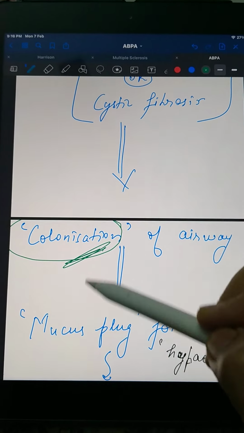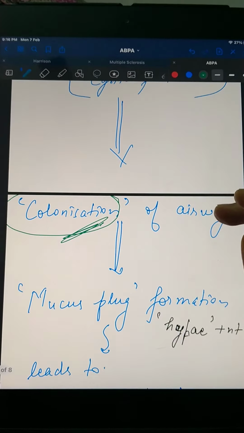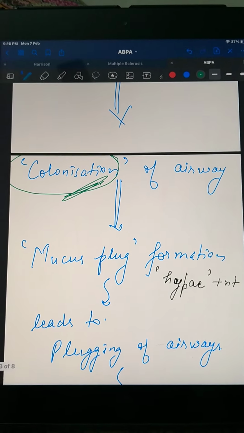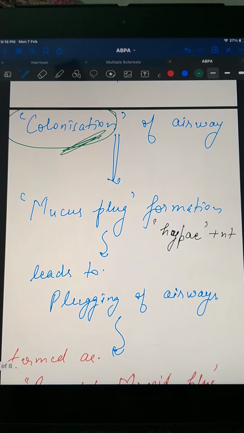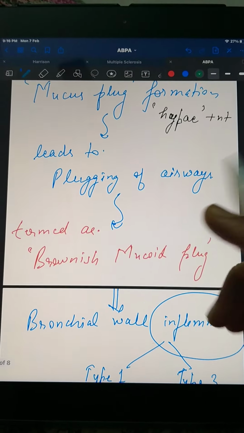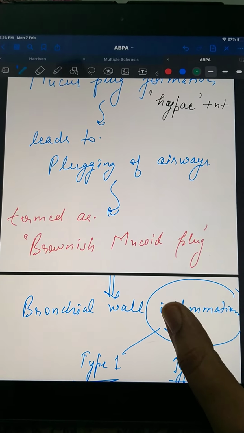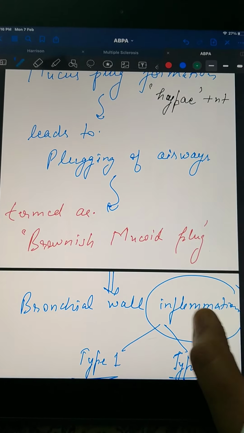Colonization will lead to mucus plugging due to the deposition of the hyphae of the fungus, and this will lead to plugging and block of the airways, and this finally leads to bronchial wall inflammation.